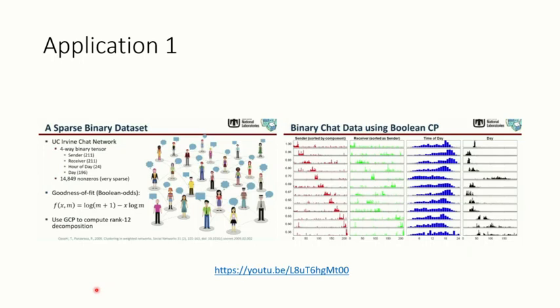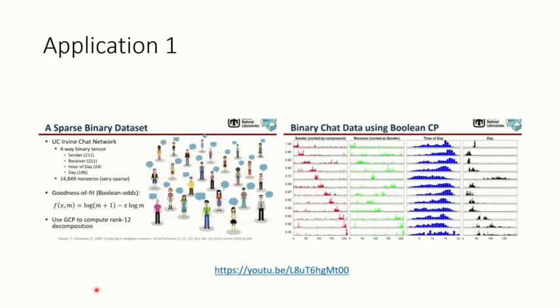And then they apply this algorithm to see what the components are, and they learn the receiver components, sender components, and the time and the day. I believe they have a relatively long term across the whole semester, maybe. So once you combine this information, you can somehow reconstruct the whole network across time.